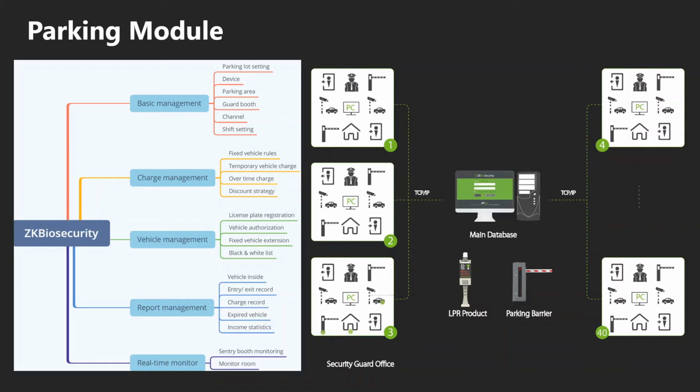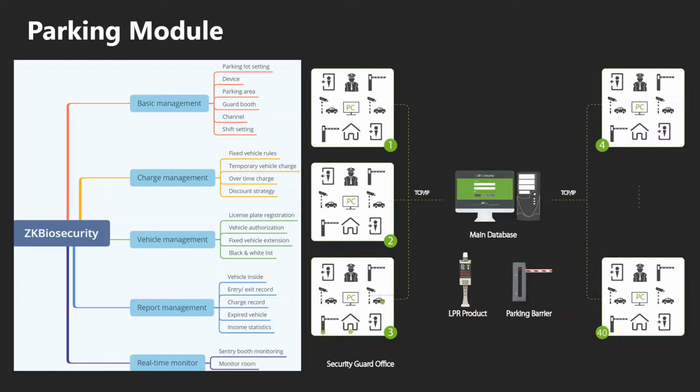In the vehicle management, we can also manage the blacklist and waitlist of the cars, and fixed vehicle extension, and we can give authorization to the vehicles to enter which parking lot, vehicle authorization, which parking area, and license plate registration for the permanent users.